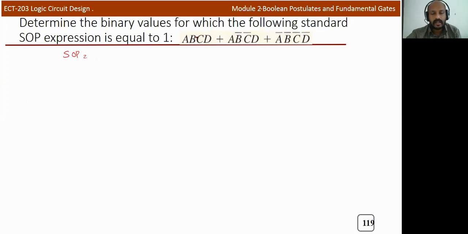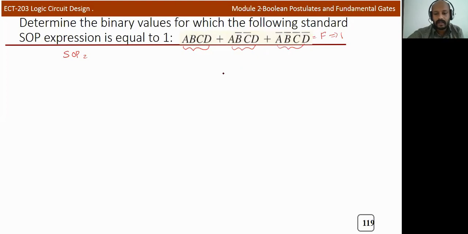Here a function f is given: A B C D plus A B bar C bar D plus A bar B bar C bar D. And we need to find out when this particular function value is equal to 1. So in order to get this 1 at the output, what should be the values of A B C D for the first term, second term, and third term?